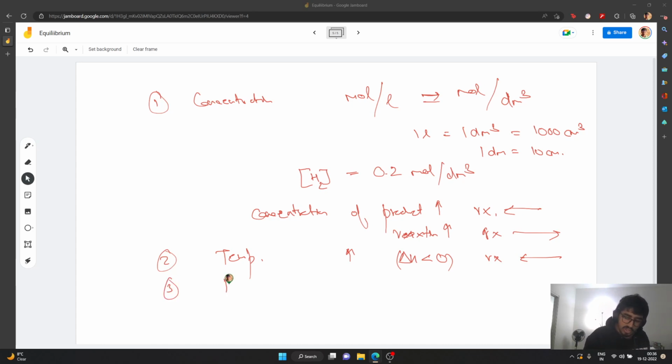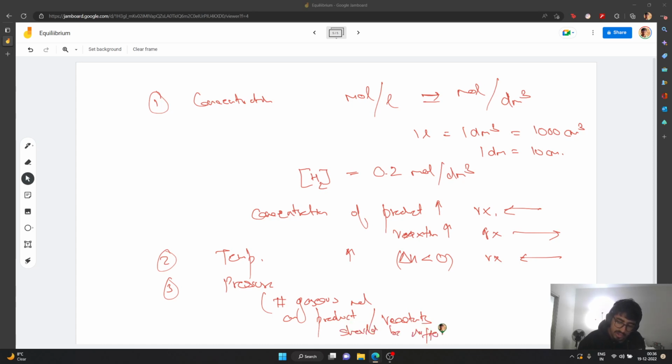For pressure, the important thing is we checked that the number of gaseous moles on the product side and on the reactant side should be different. So this is the important thing.